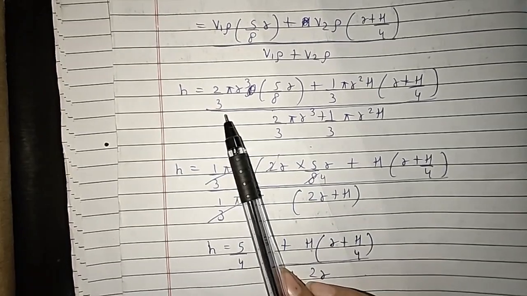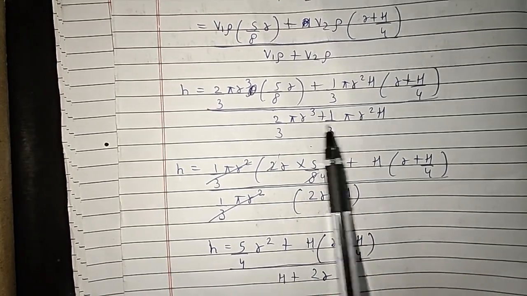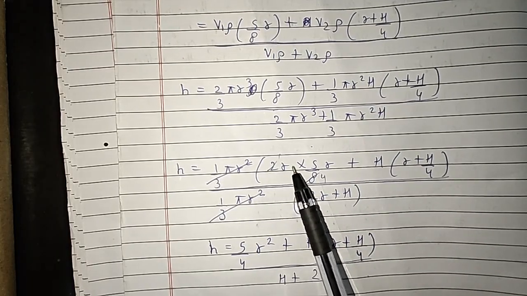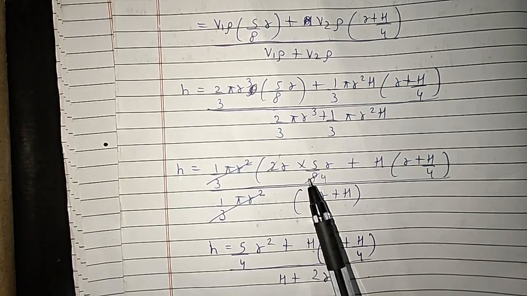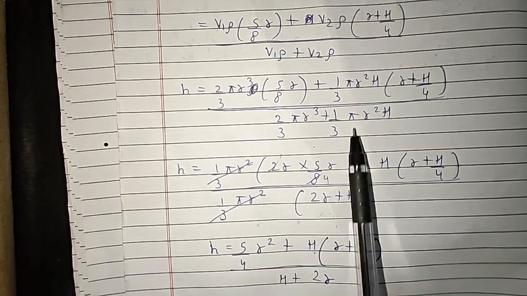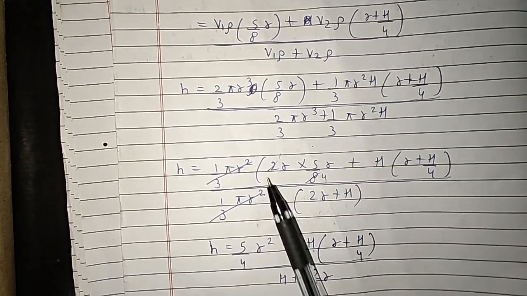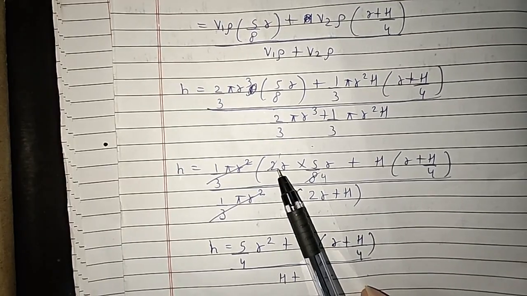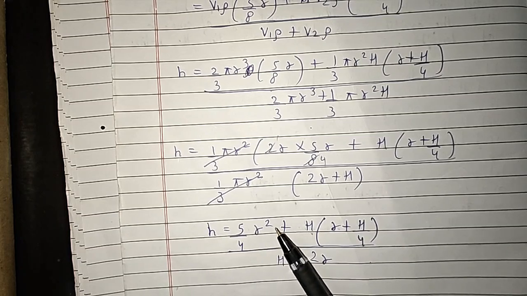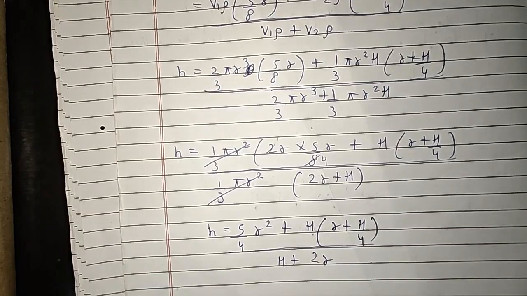From here we take 1 by 3 pi r square common. Inside it is left 2r times 5 upon 8 r plus h times (r plus h upon 4), and from the bottom it is left 2r plus h. So this will be cancelled out, and this will become (5 upon 4 r square plus h r plus h square upon 4) upon (h plus 2r).